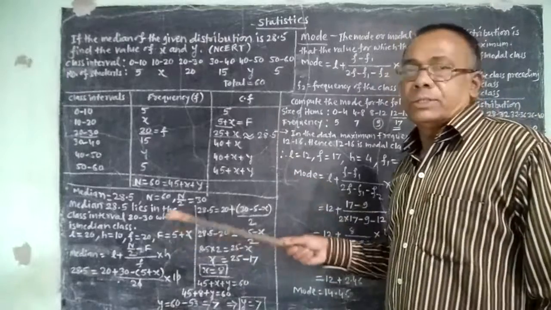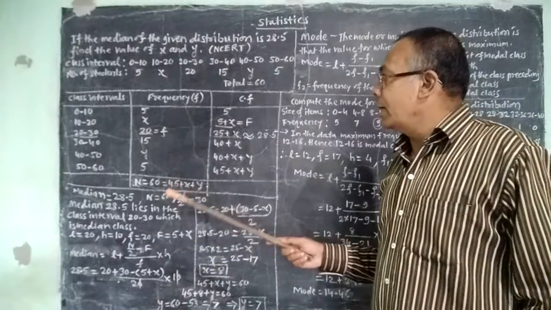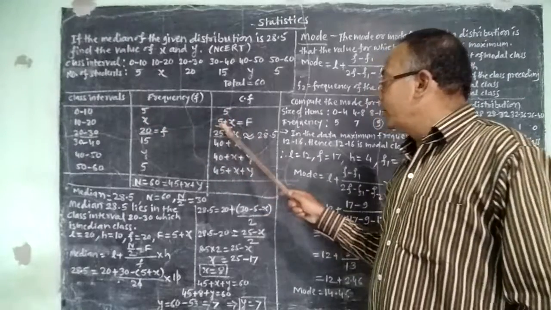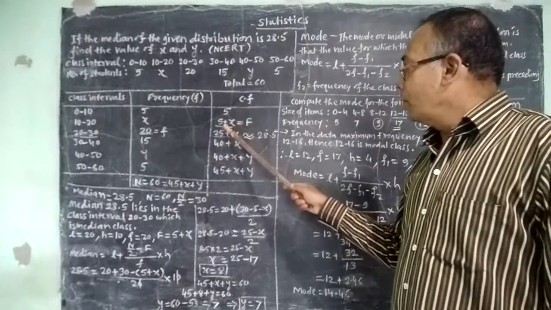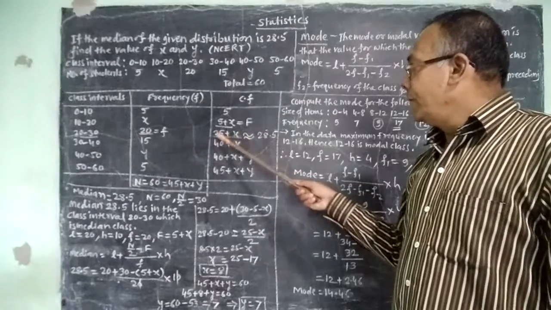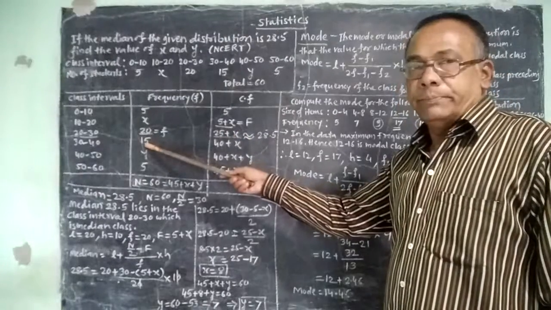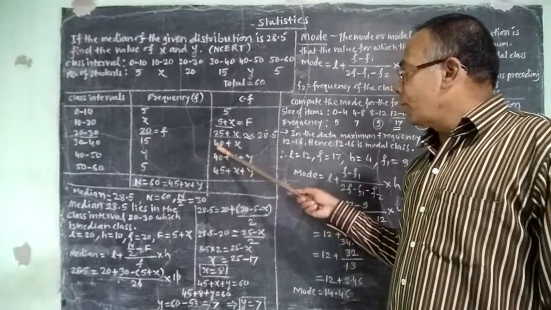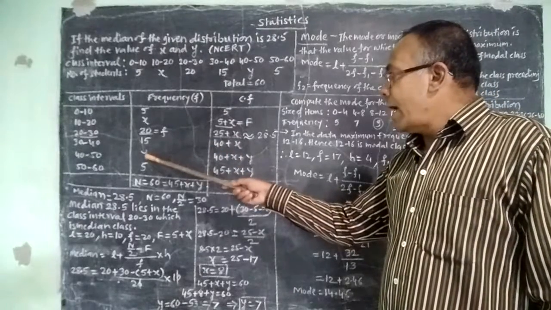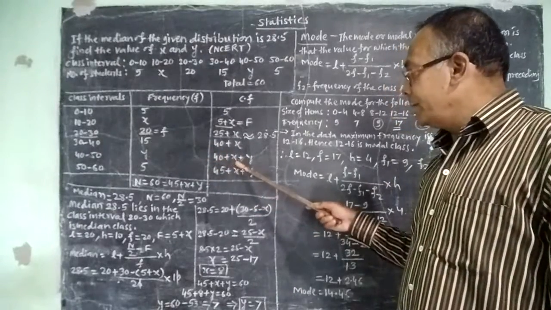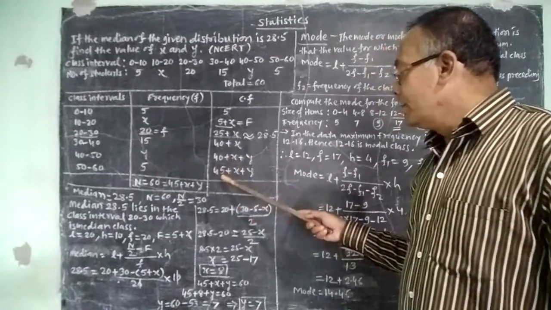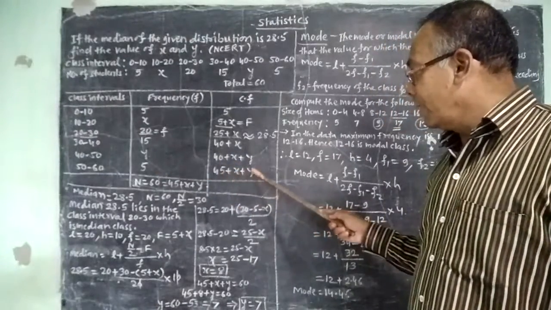And the cumulative frequencies are first 5, then 5 plus x, then 5 plus x plus 20 is 25 plus x, 25 plus x plus 15 is 40 plus x, 40 plus x plus y, and 40 plus x plus y plus 5 will be 45 plus x plus y.